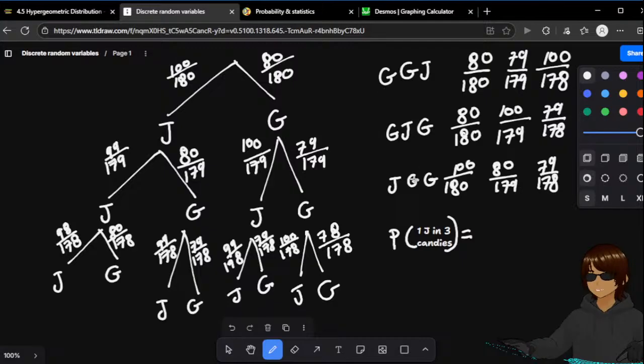So 3 choose 1, because that's the number of arrangements for this.